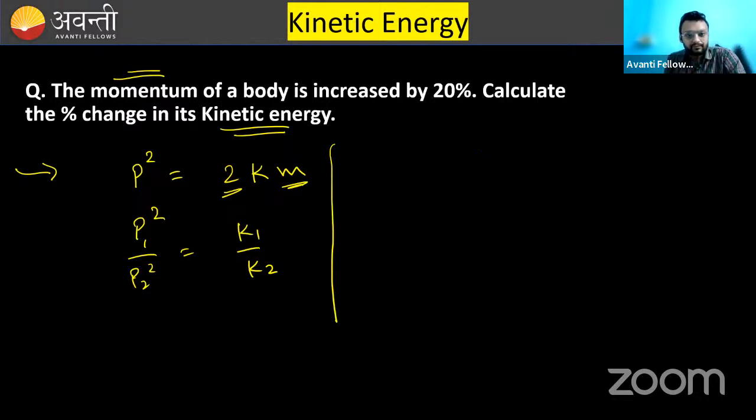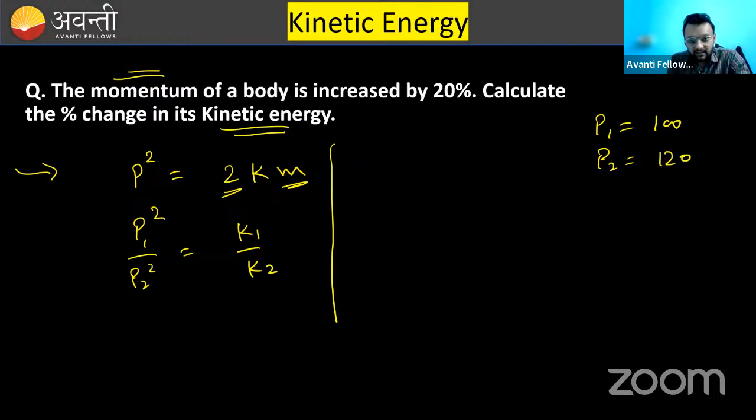Okay. So now, momentum is increased by 20%. What if I say that initial momentum is 100? Then final momentum will be 120, right? Because it is increasing by 20%. 100, then increasing by 20% means 120. So P1 and P2 are known.